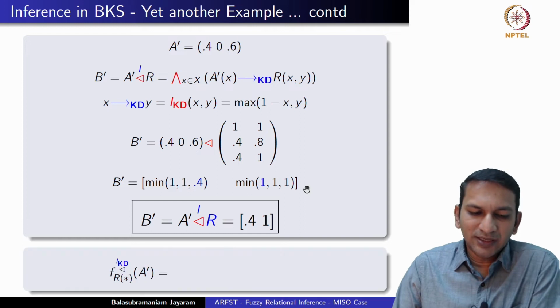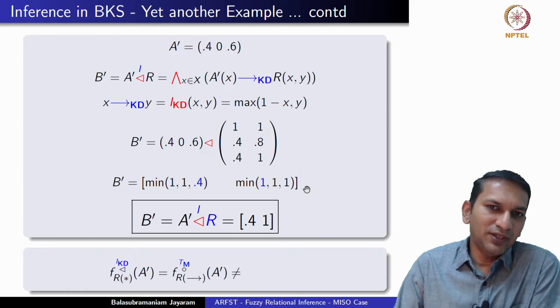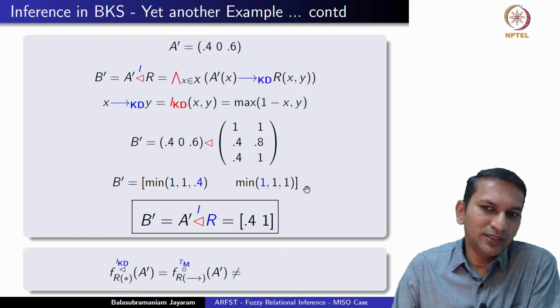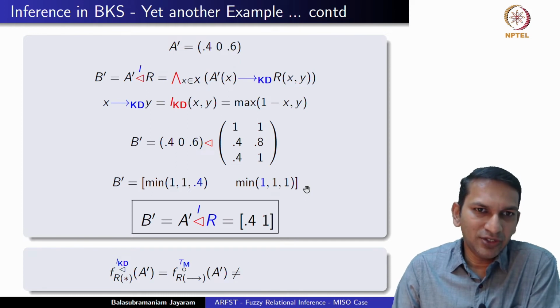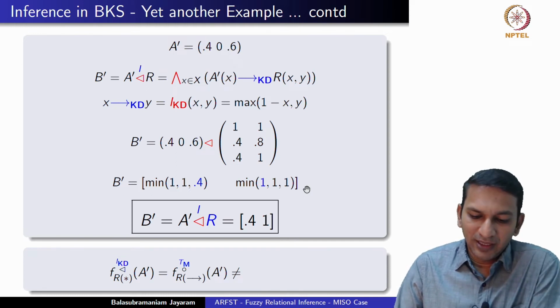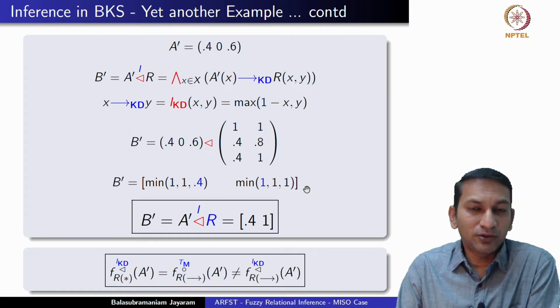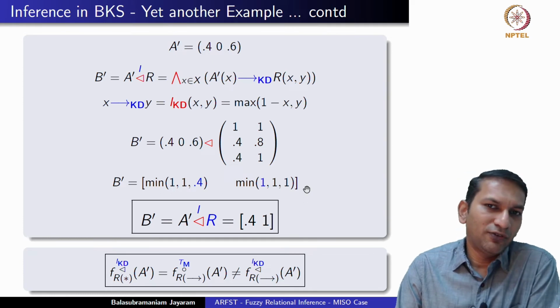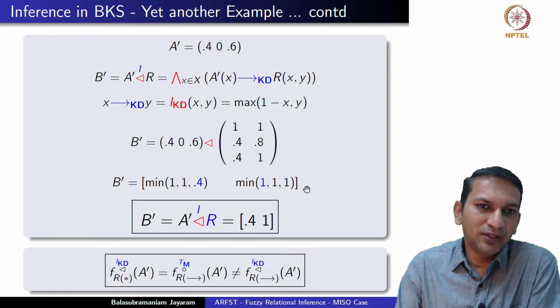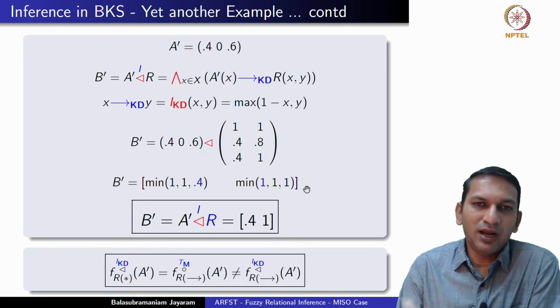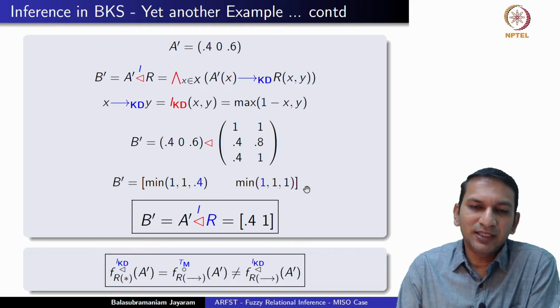So what we see is, while earlier the inference that we got from two different inference schemes with A dash were the same, in this case with exactly the same rule and inputs, but with a slightly modified or different combination of operations for obtaining the relation from the rule and the composition, we see that they are no more the same.